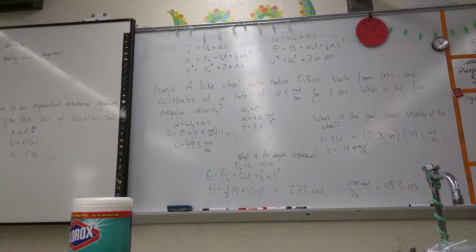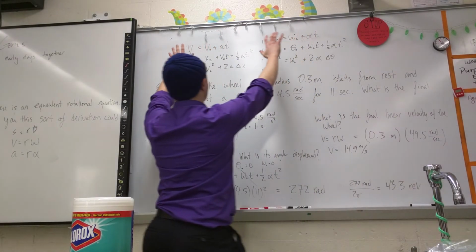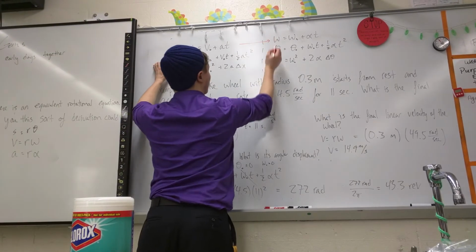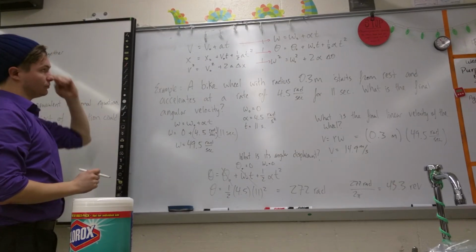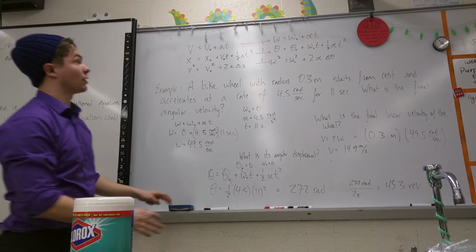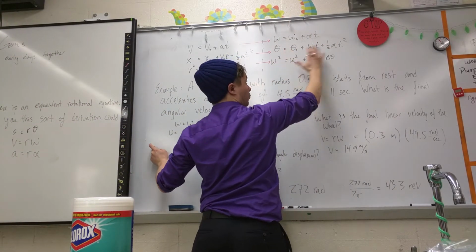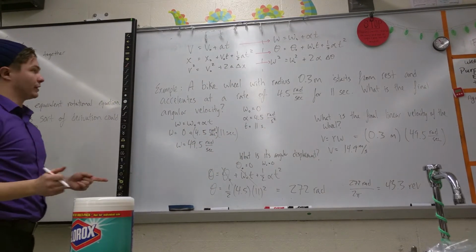You might want to pause the video here so that you can get these 6 equations down. So this expression corresponds with that one, and so on. So these are our kinematic gems for spinning objects, for rotating objects. Now let's put that to practice.